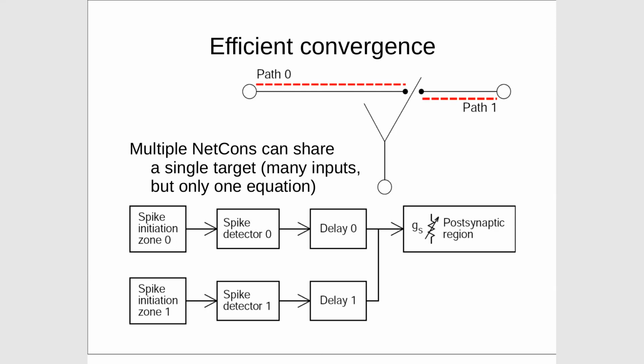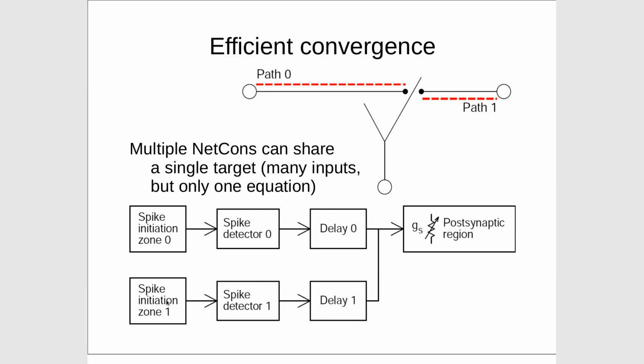So here's such a case. We have two presynaptic cells sending events via two different paths to a synaptic mechanism. We have a spike detector attached to this first cell's spike trigger zone, followed by a delay that then delivers events to this mechanism, which I'm not showing here by any little cartoon figures or widgets.